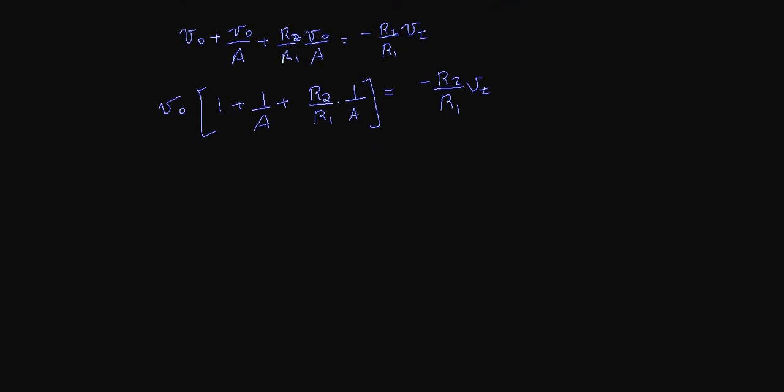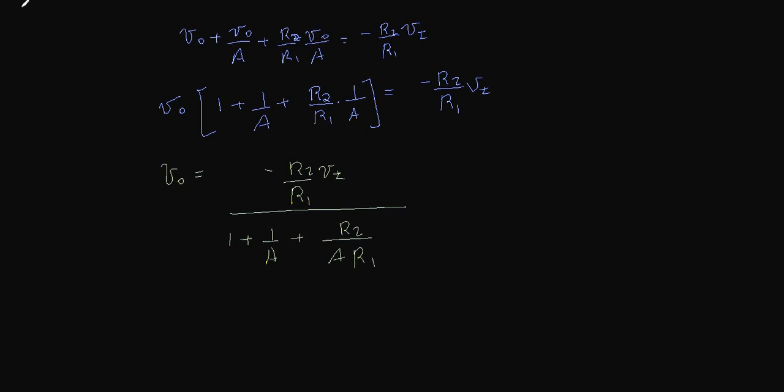And so finally V naught is equal to minus R2 over R1 times Vi divided by 1 plus 1 over A plus R2 over A R1.